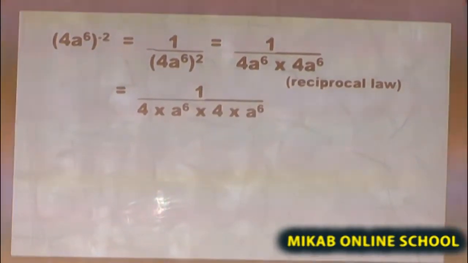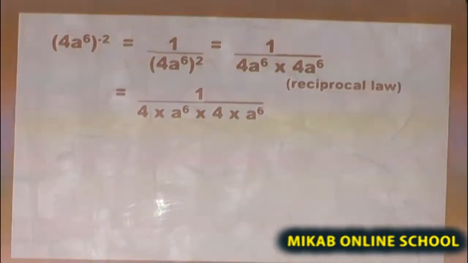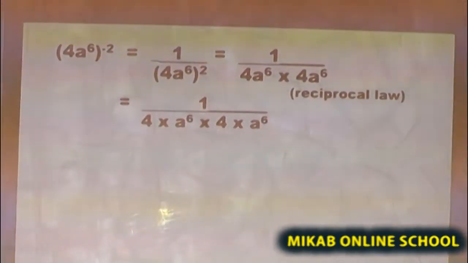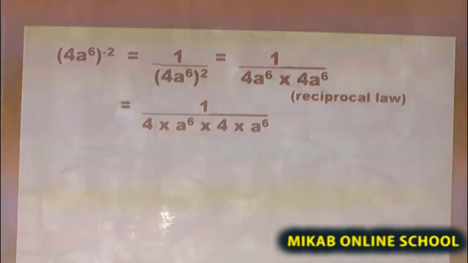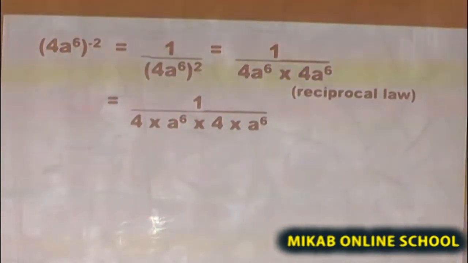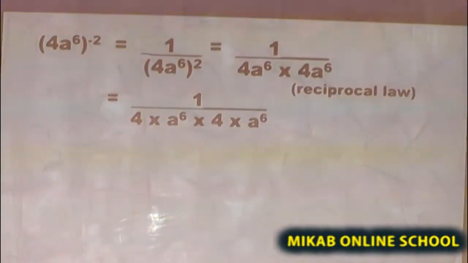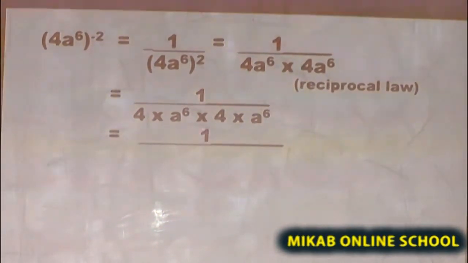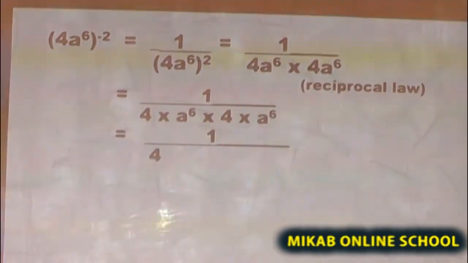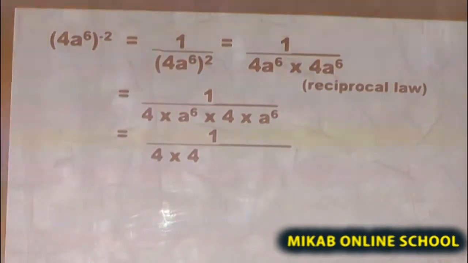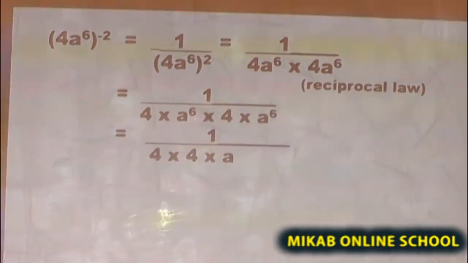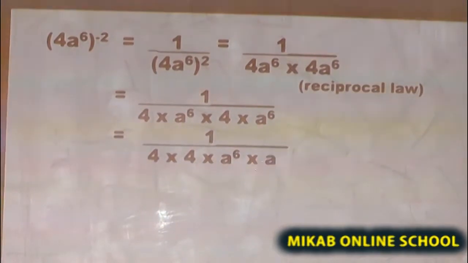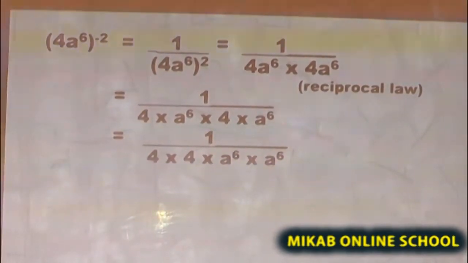That is 4 times a raised to the power of 6. We are going to regroup. That is, you group the 4 at one side and the a raised to the power of 6 at the other side. And if we must do that, we are going to have 1 all over 4 times 4 multiplied by a raised to the power of 6 times a raised to the power of 6.